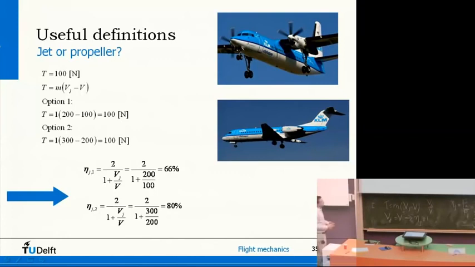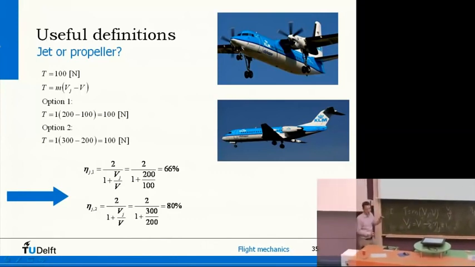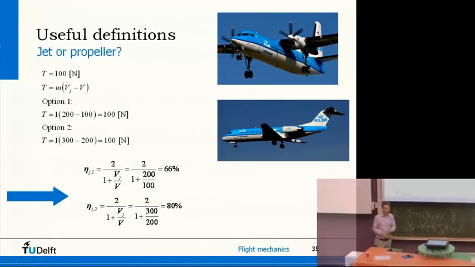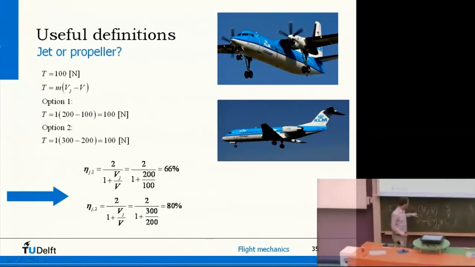That's maybe a little bit curious, but this means if you fly faster, it makes sense to accelerate the air because you get more efficient. This is why, if you look back at this equation, thrust is mass flow times the speed increase.